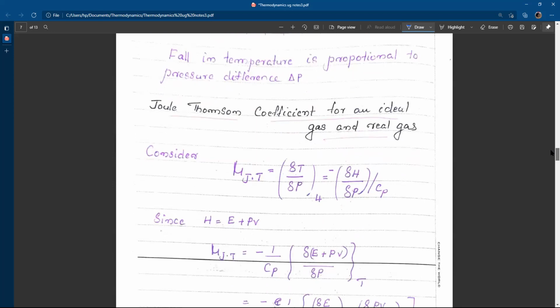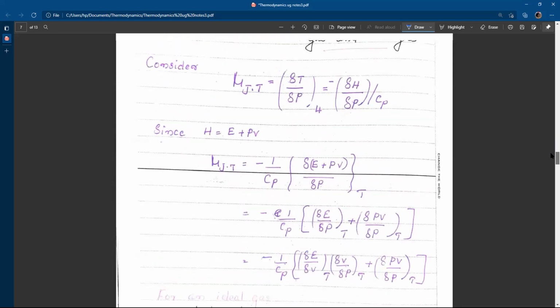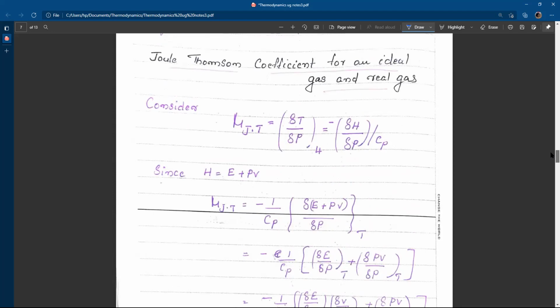Joule Thomson coefficient for an ideal gas and real gas. So Joule Thomson coefficient is equal to dou T by dou P at constant enthalpy ആണ്. And we know that it is minus dou H by dou P by Cp ആണ്.